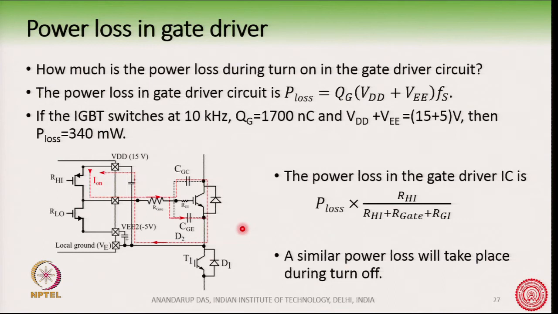Okay. So, then you can choose what type of resistance you will use, external gate resistance, so that it can deliver the peak current as well as sustain this loss. Okay. So, this was the expression of loss when it was turning on, and then similar power loss expression or value will happen when the device is turning off.